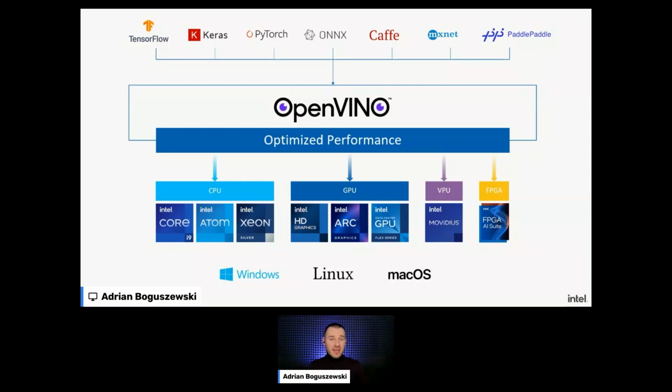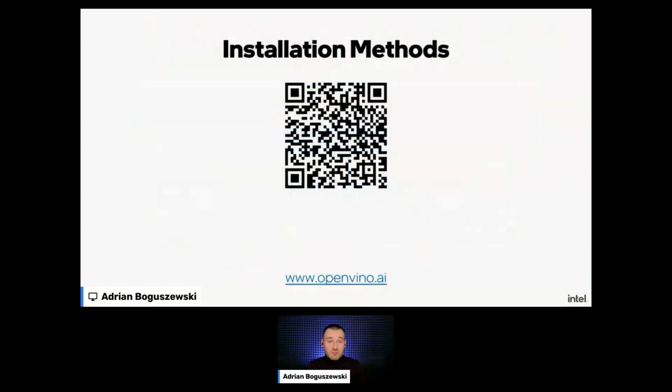So what are the steps to run OpenVINO? Now, the first step is, of course, installation, right? You need to install OpenVINO. And there are many ways to install OpenVINO. You can use package managers like apt from Ubuntu or yum from Red Hat or Fedora.